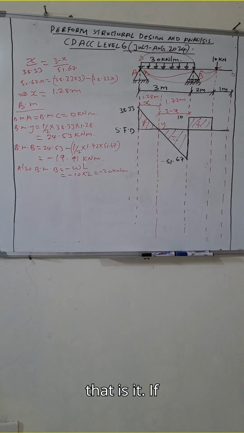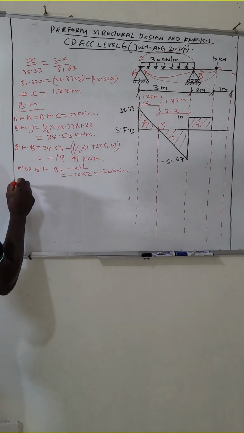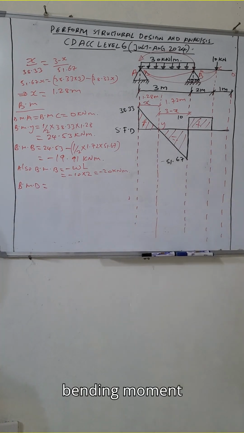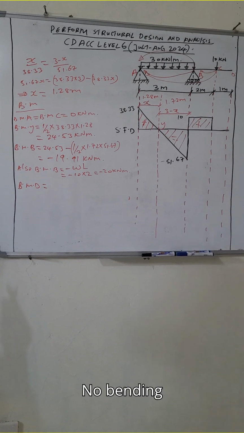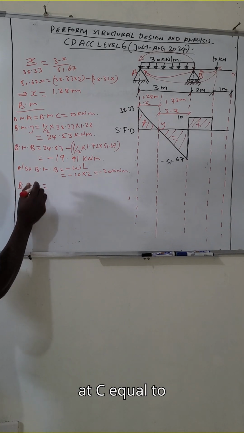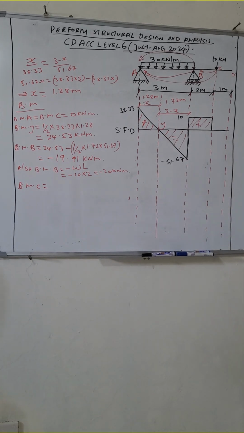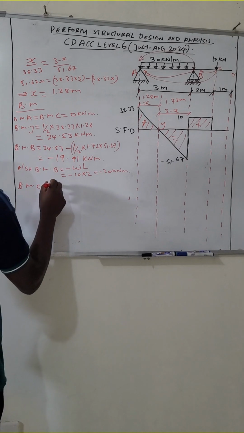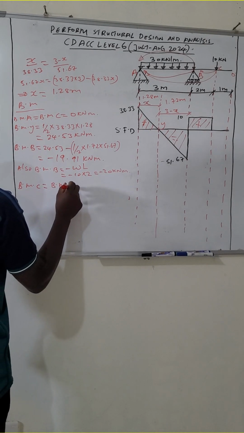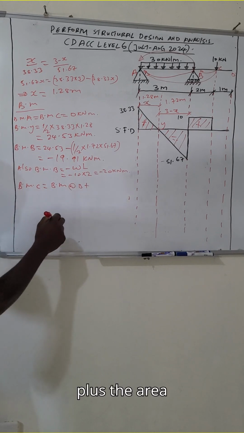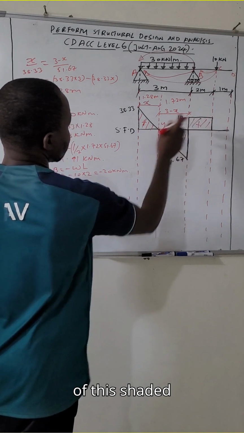So that is it. If you want to confirm that the bending moment at D, which equals the bending moment at C, is 0, you will say bending moment at B plus the area of this shaded part.